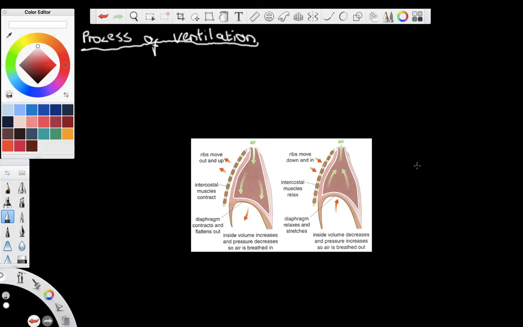So the first thing we need to write down, and this is a common misconception, the reason air moves in and out of your lungs is due to the changes in pressure inside the lungs.